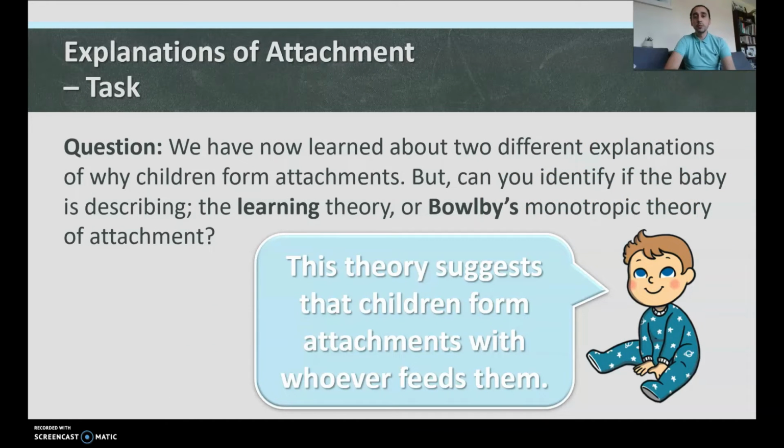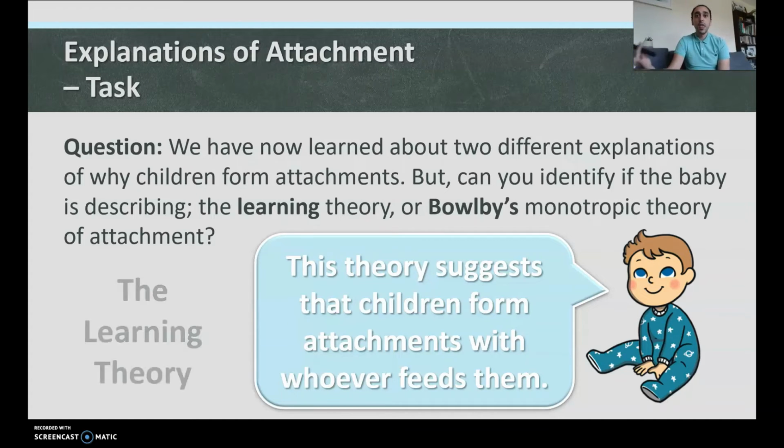Okay, we've got a small activity now. Question. We have now learned about two different explanations of why children form attachments, but can you identify if the statement is describing the learning theory or Bowlby's monotropic theory of attachment? Okay? Here we go. This theory suggests that children form attachments with whoever feeds them.